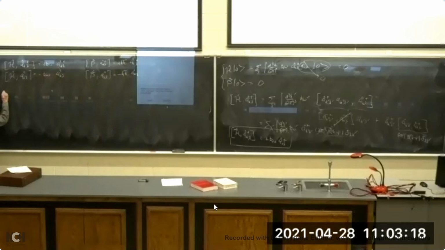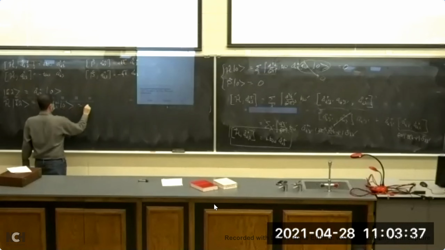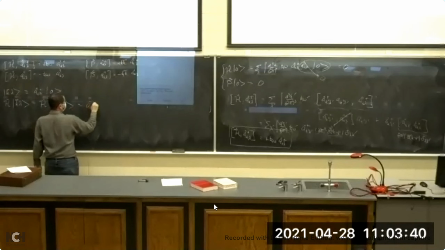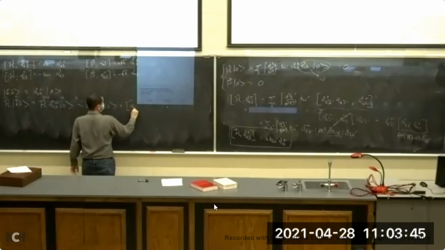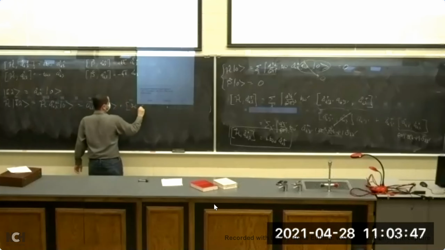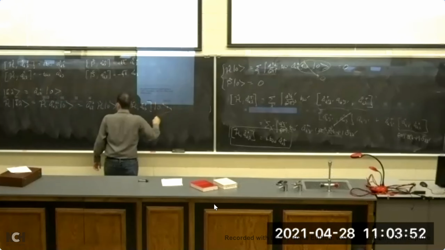So going back to my state k lambda, which is defined to be A k lambda dagger acting on the vacuum, this thing is an eigenstate of the Hamiltonian. H on k lambda is the Hamiltonian times A k lambda dagger on the vacuum, which is A k lambda dagger times the Hamiltonian on the vacuum, plus the commutator acting on the vacuum.